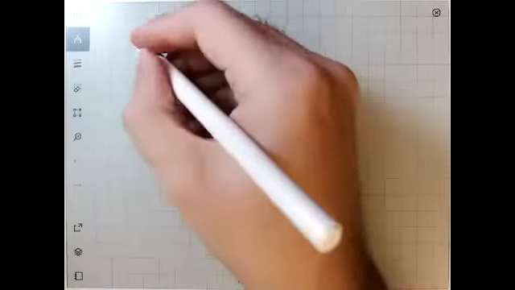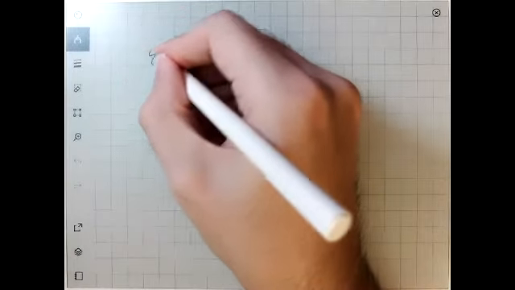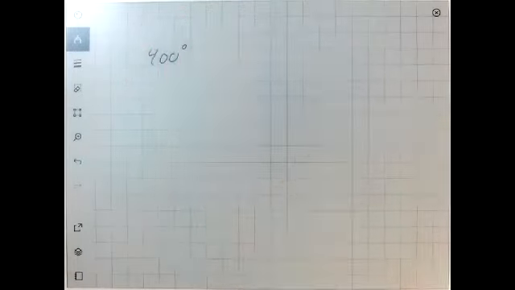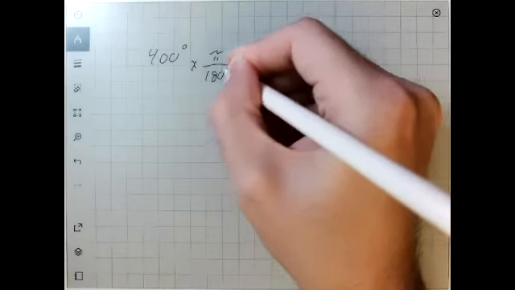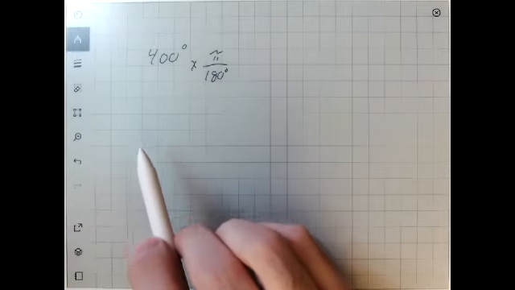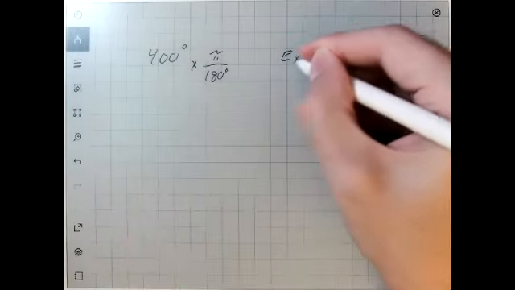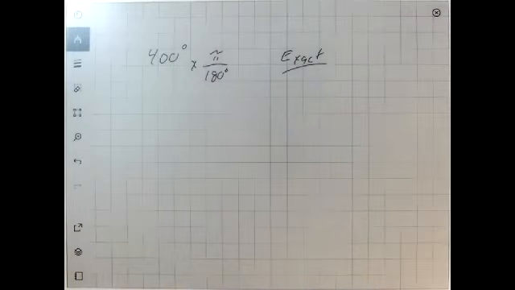One more, if I want to look at, say, 400 degrees, same thing. I multiply times pi, and I divide by 180 degrees. And again, you could just punch this into your calculator, but we still want an exact value. That means we have to play around with fractions.